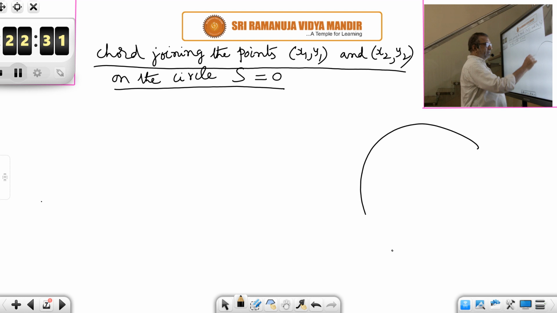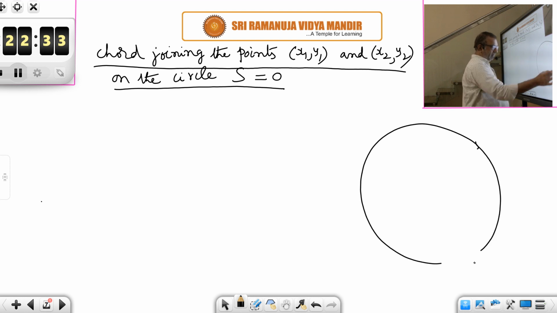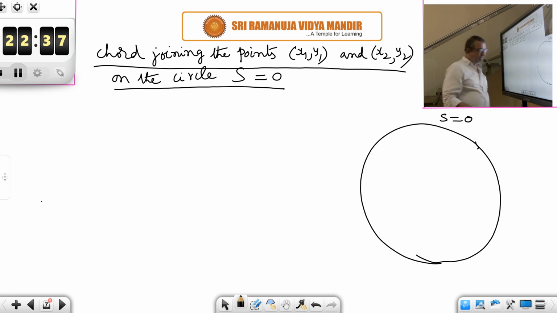Suppose S is equal to 0 is a circle, our standard circle, x square plus y square plus 2gx plus 2fy plus c is equal to 0.